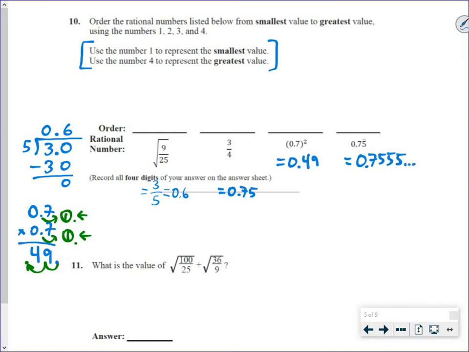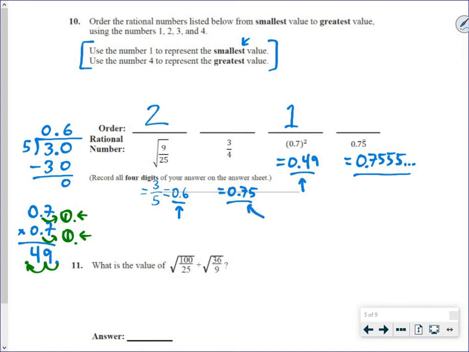Okay, so what is the smallest value? Is the smallest 0.6? Is it 0.75, 0.49, or 0.7555, and so on? So the lowest is this. So the smallest is represented by 1, so I record a 1 there. The next one up is here, so I record a 2 there.